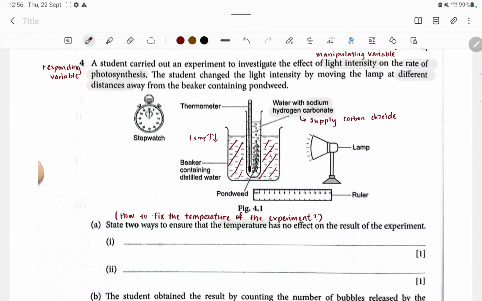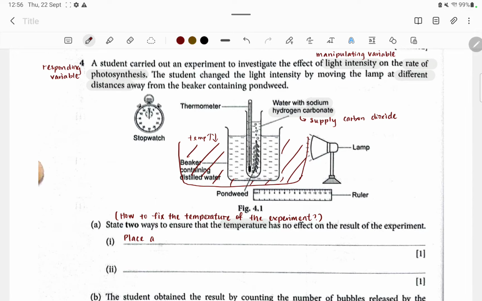So this one we can see, place, sorry, we already have the beaker over here. We add one more glass tank over here, which is filled with water. So even though the light intensity increases or decreases, the temperature still will be the same.